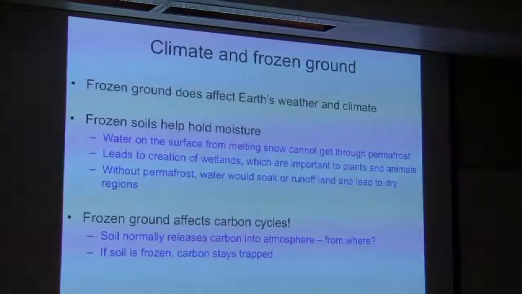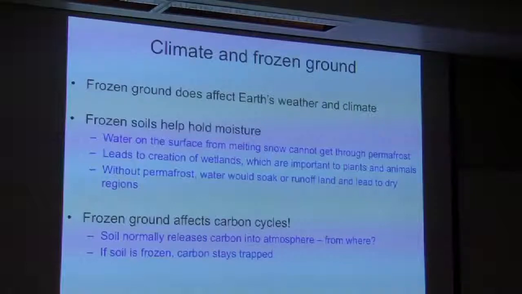Now this frozen ground does affect Earth's weather and climate. The frozen soil, that deepest layer, and the middle layer will hold moisture. So water on the surface from the melting snow cannot get through the permafrost. So imagine just a big brick of ice. It acts like a concrete barrier.